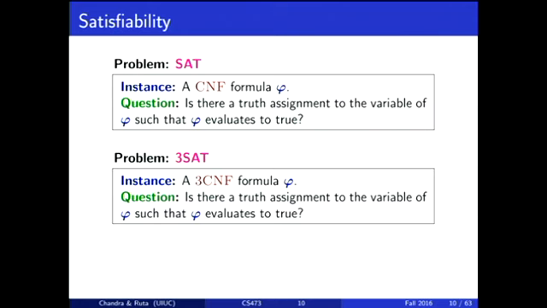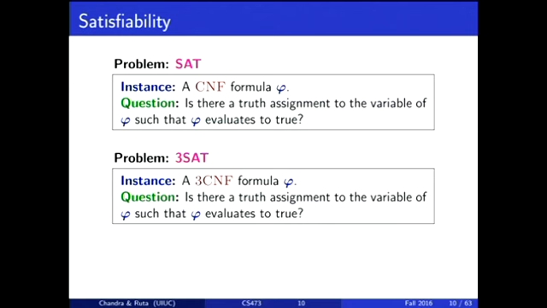It's in this restricted conjunctive normal form: an AND of several clauses, each of which is an OR of several literals. Typically we use n to denote the number of variables and m to denote the number of clauses, just like in graphs, where we use n for the number of vertices and m for the number of edges. Both are part of the input.